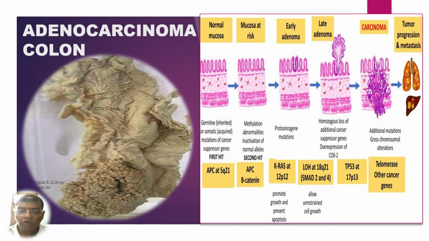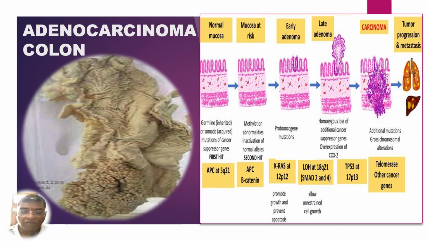Descending colonic cancers project into the bowel lumen, causing narrowing of the lumen, and there will be changes in bowel habit. So, in the history, if they have given changes in bowel habit, it is descending colonic cancer, or if there is a history of unexplained anemia, fatigue, iron deficiency anemia symptoms, then it is proximal colonic cancer.